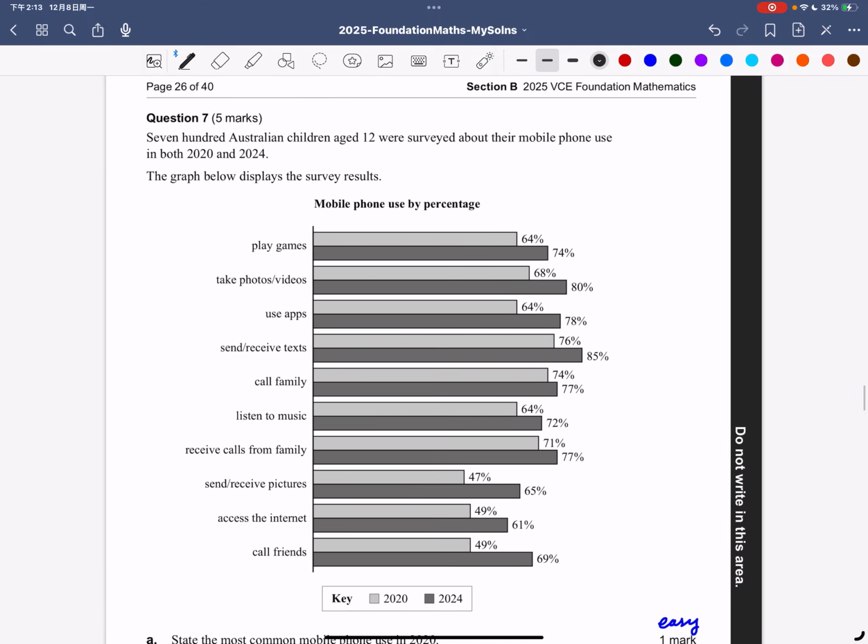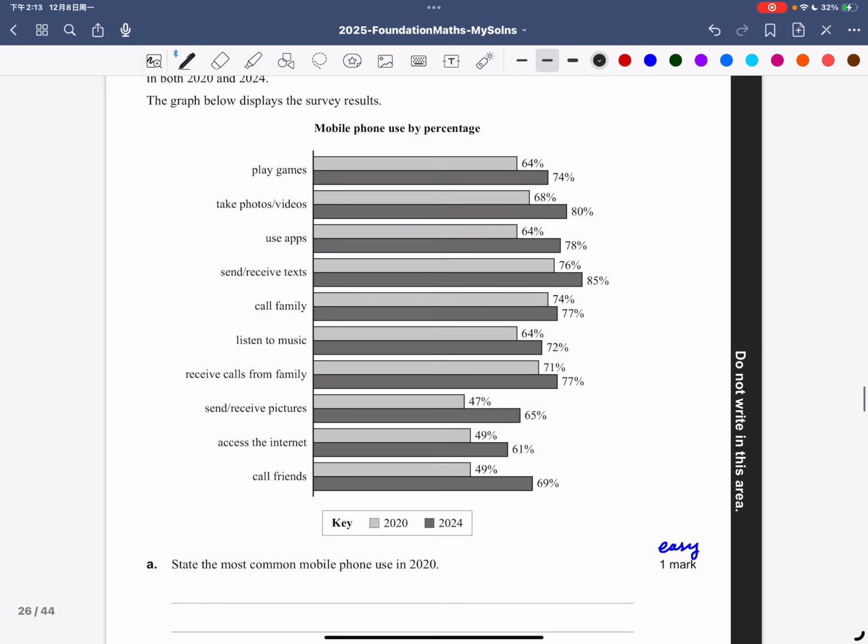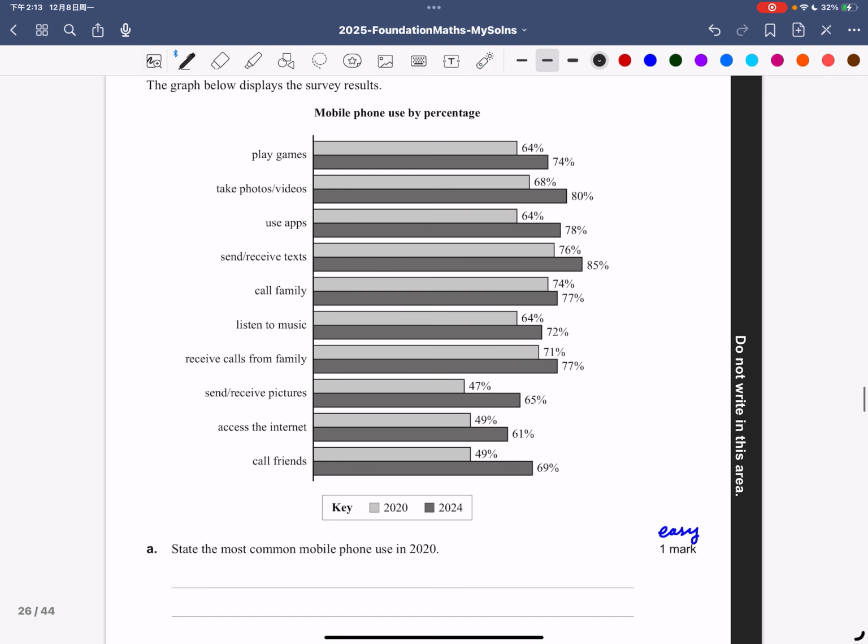All right, question 7. 700 Australian children. The sample size is 700 children, age 12, who were surveyed about their mobile phone use in both 2020 and 2024. The graph below displays the survey result as percentages. State the most common mobile phone use in 2020. So we look at the gray ones.